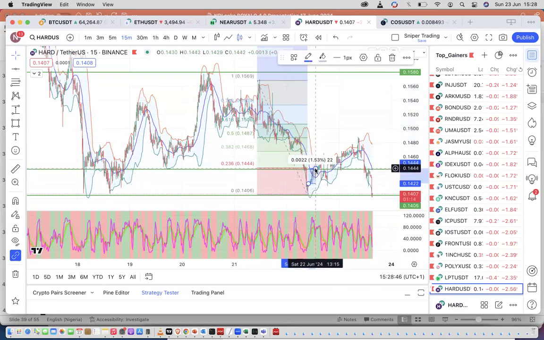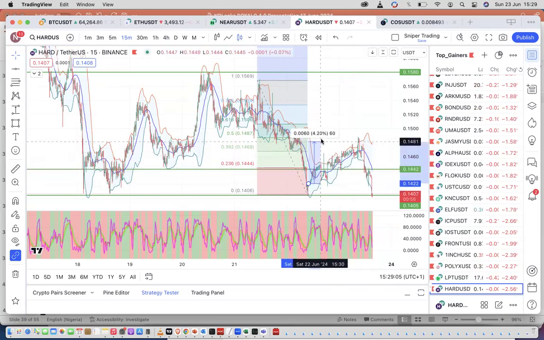You can take 1.5% comfortably. And if you want to stretch it to the next line, this is 3%. But don't be greedy. Just target the first one. Since it's 1.5, that's enough. Take it and get out of the market. As you can see, the market went ahead and delivered up to the next line, which was even 4%.